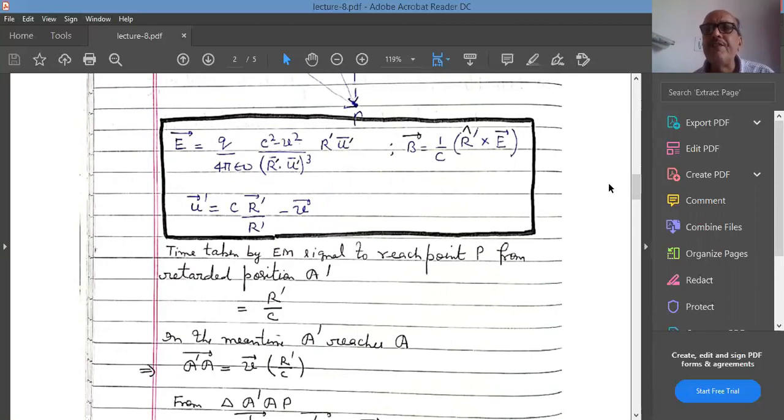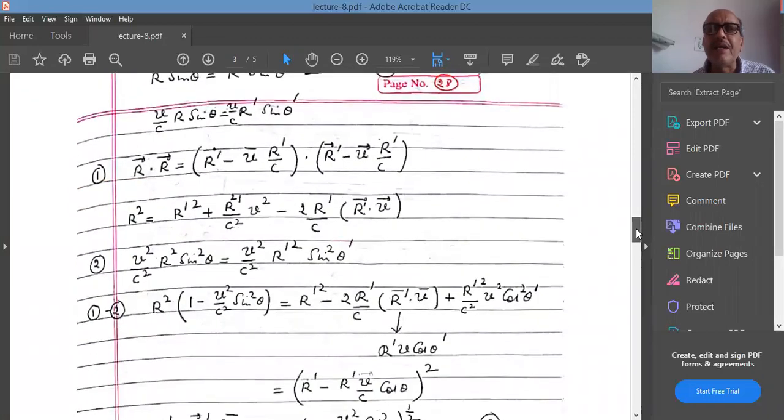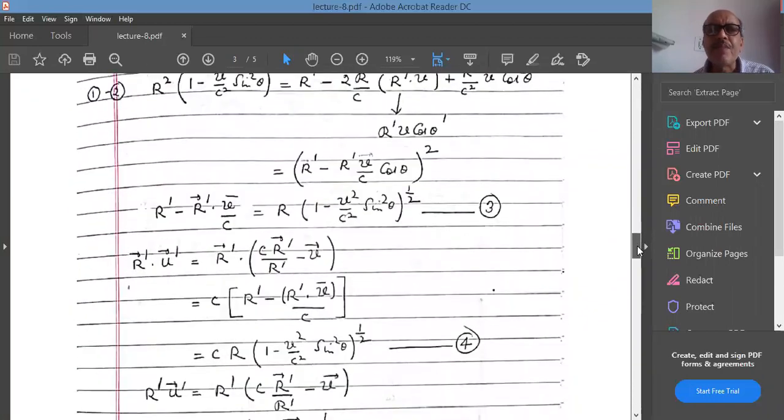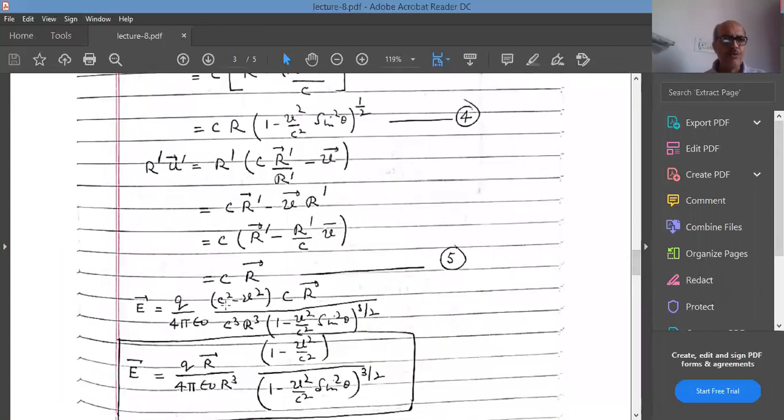So we know the value of these terms, and we are putting them now in terms of the undashed quantities, and they are now equal to the value of E equal to q upon 4 pi epsilon 0, c square minus b square, c into r vector, divided by, in the denominator, we have to take the cube of this term.